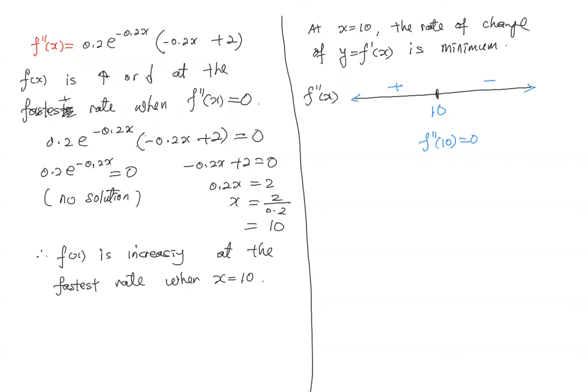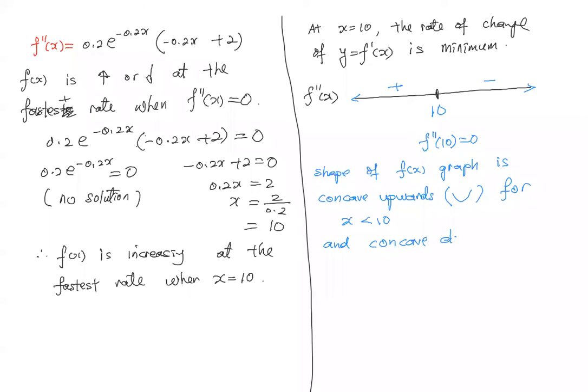From the sign diagram of f double prime x, I also can make a conclusion on the shape of my f x graph. The shape of f x graph is concave upwards for x less than 10 and concave downward for x greater than 10.